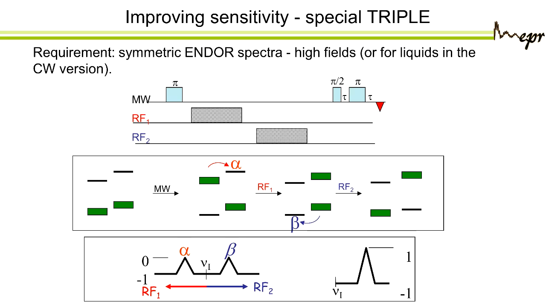So what I can do is start from the center, and 1 RF goes this way and the other one goes this way. If one hits one line, the other one will hit the other. When I do this, I go from a difference of -1 to +1, so my ENDOR effect will be just twice. But then I have only 1 line.